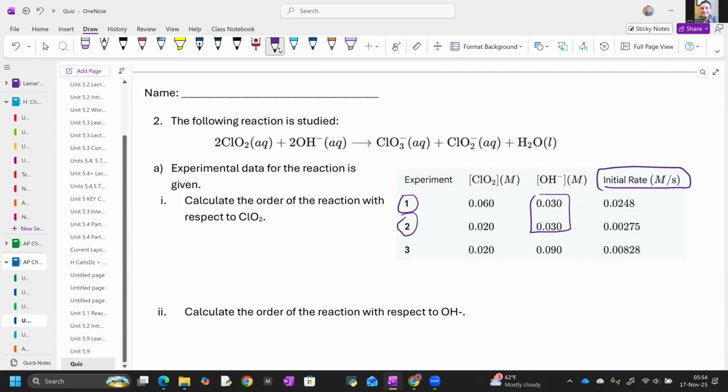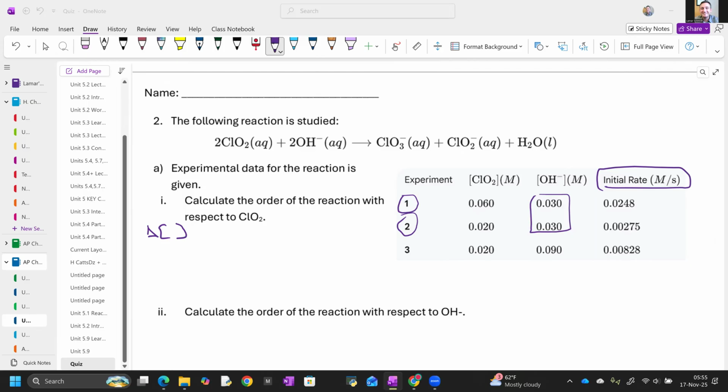So we're going to look at the change in concentration. By what factor does the concentration change? So we're looking for a factor of change in concentration. And this is going to be always taking the higher value divided by the lower value. It just makes it a little bit easier.